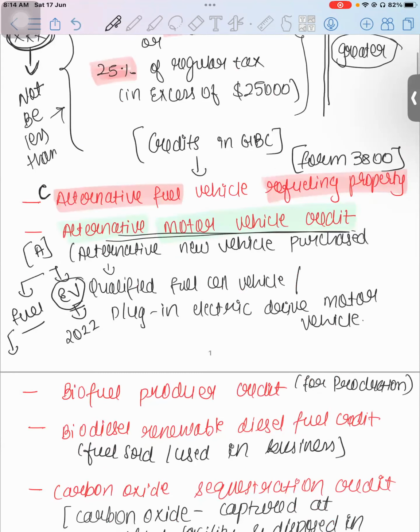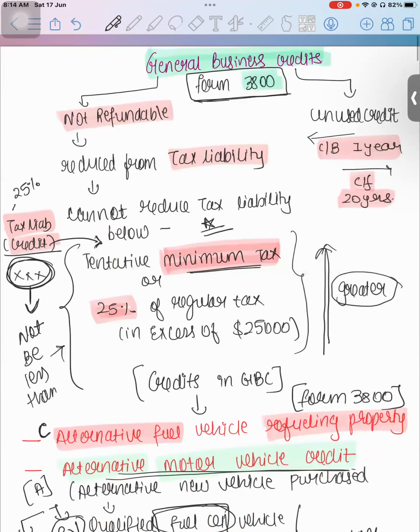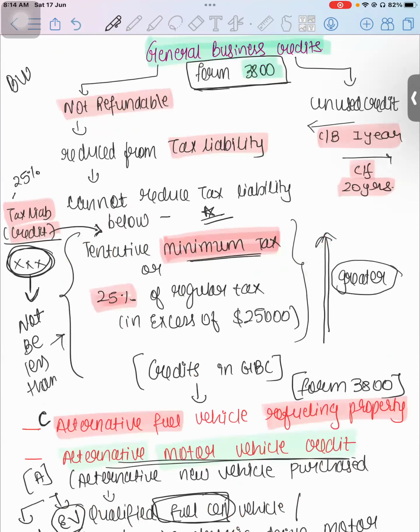Okay, any new vehicle which you are purchasing, a qualified fuel cell, meaning if it's working through fuel, or a plug-in electric vehicle, meaning EV, for both fuel and EV you can take a credit. Now remember one thing, all these expenses which you are incurring should be business expenses. It should not be a personal vehicle. If you're purchasing a personal vehicle and using it for personal purposes, you can't take that credit in your business. Okay, so it should be for business use.